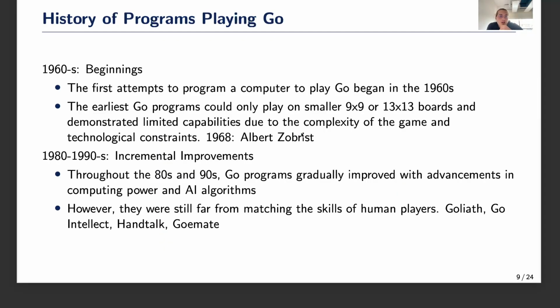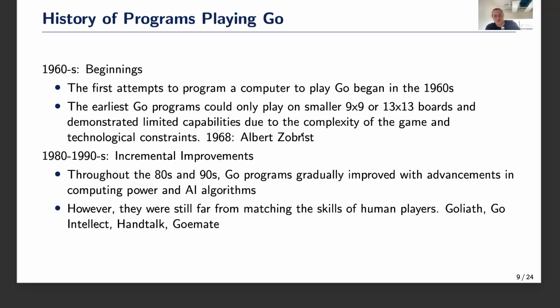Now we have seen how complex the game of Go is. Let's take a look at the evolution of the AI programs that have tried to play it. The first serious attempts to program a computer to play Go began in the 60s. In 1968, Albert Zobrist created one of the earliest Go programs.